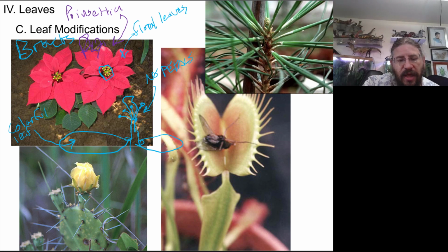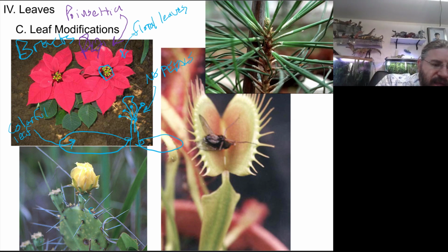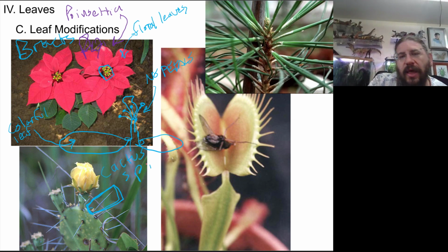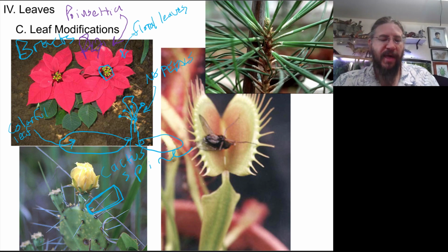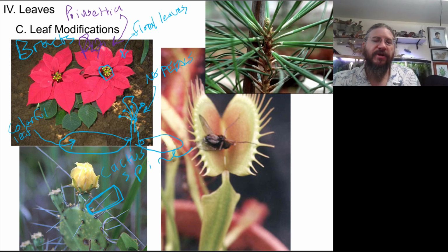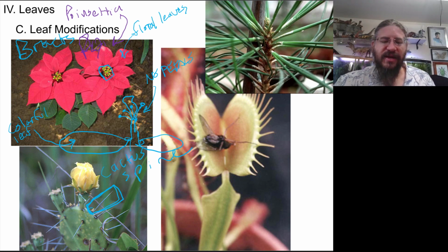So, ta-da! Okay, fun down here, cactus spines, right? The cladophyll is stem, so our cactus spine is a leaf.